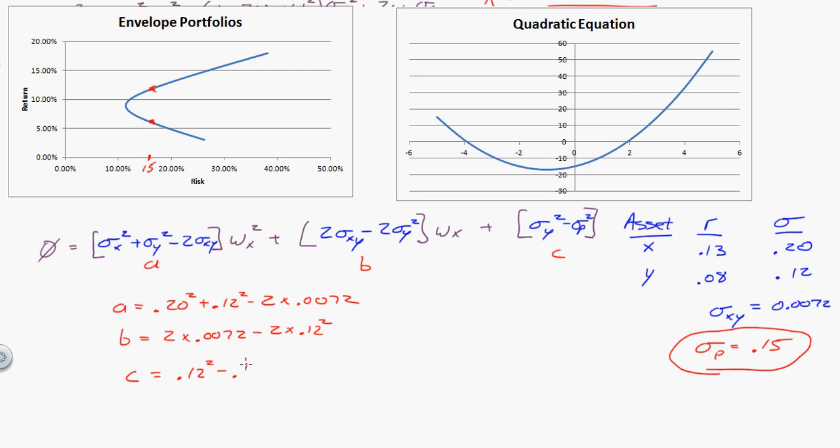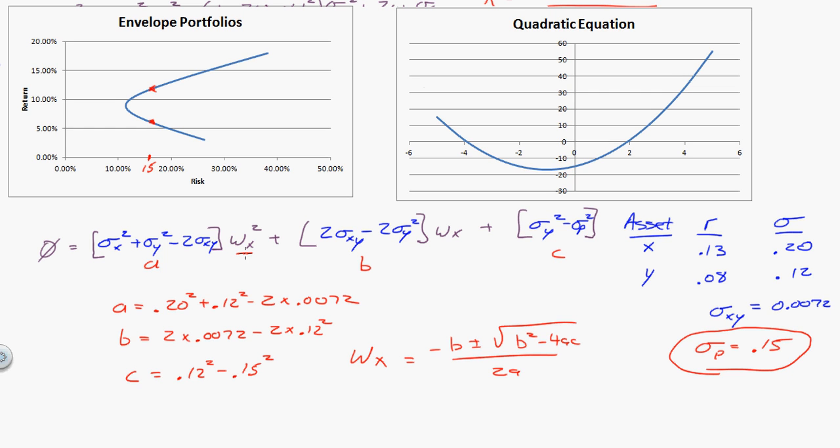So that's 0.15 squared. Solve for A, B, and C and plug back into x equals negative b plus or minus the square root of b squared minus 4ac over 2a. And that's not really x right there. That's really, in this case, wx.